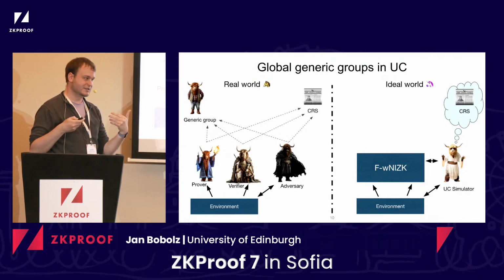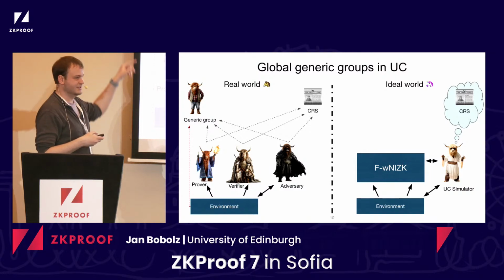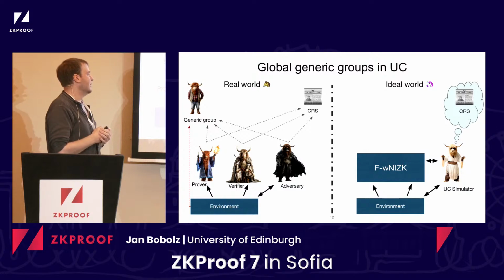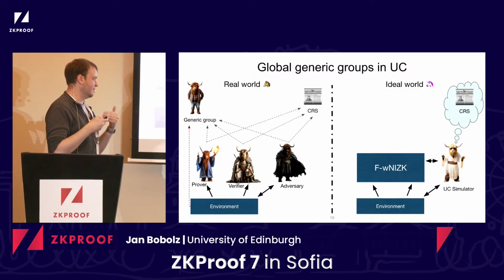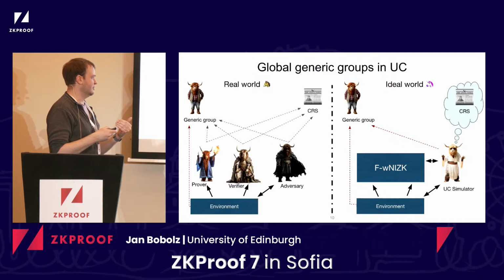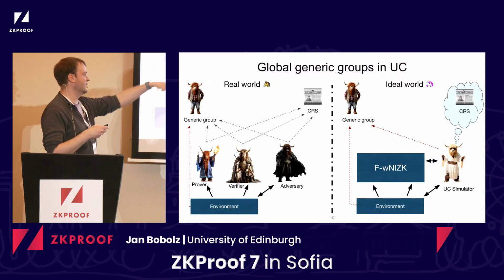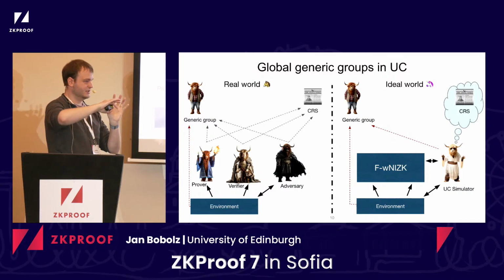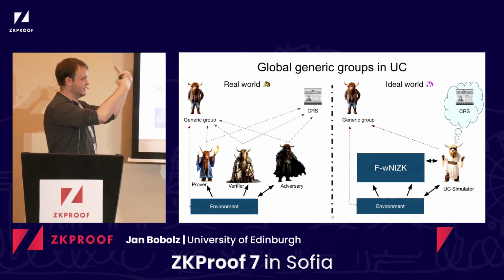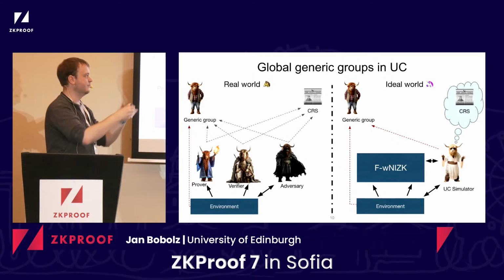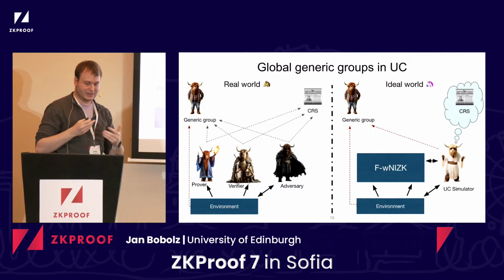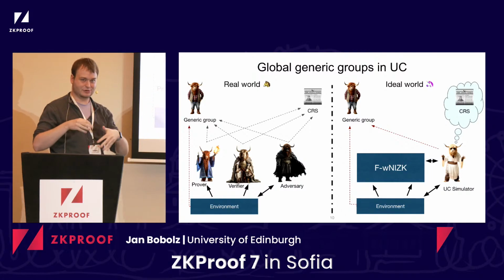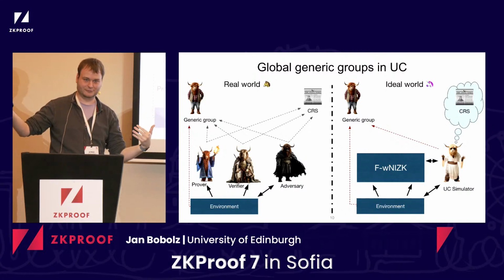So what we can just do is say, okay, the environment also has access to this generic group. As a consequence of this, the generic group doesn't vanish in the ideal world into the UC simulator, but it's an additional thing that's still there. If you think about it, this makes a lot of sense, that the UC simulator doesn't just get to completely take over simulation of the generic group.